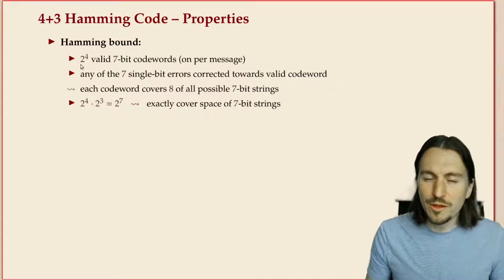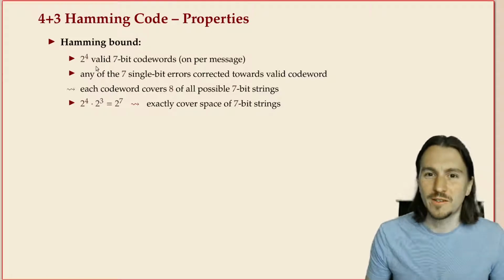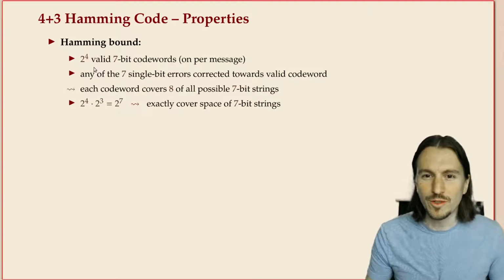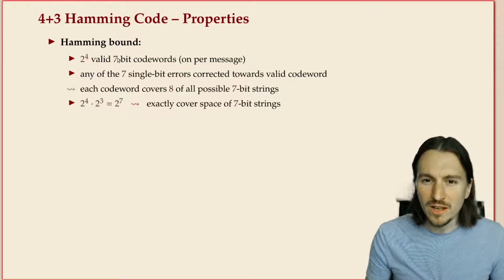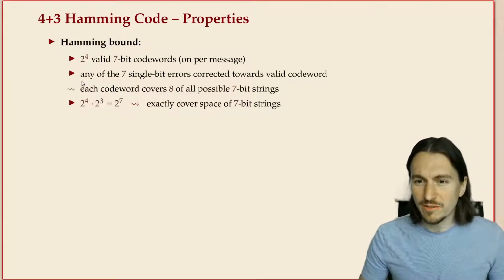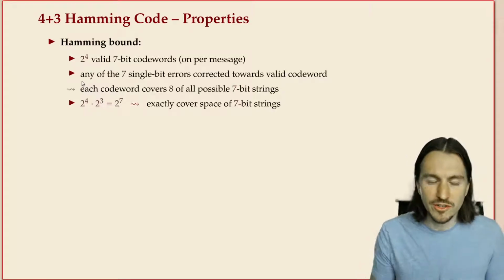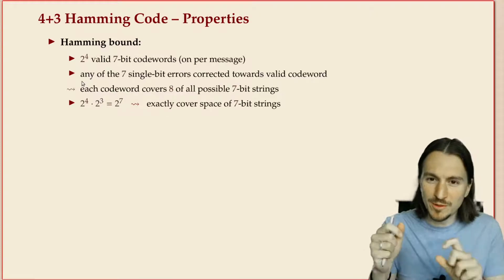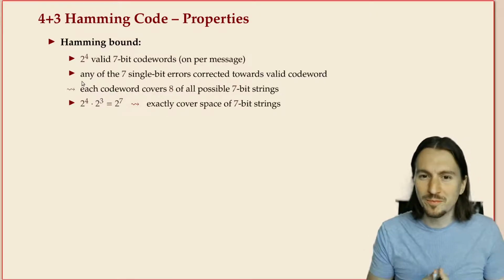So here we have 2 to the 4 different valid code words, because that's the number of messages. We have 4 bits for the message, 2 to the 4 different combinations. And we create 7-bit code words. Any of these 7-bit errors is corrected towards a valid code word. If we change any of the 7 bits, then our checking bits indicate which one was flipped, and we can reverse that flip.